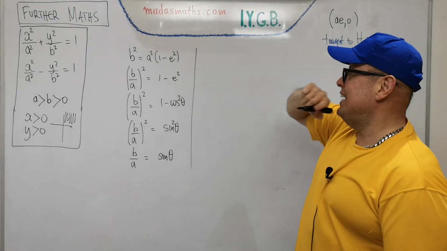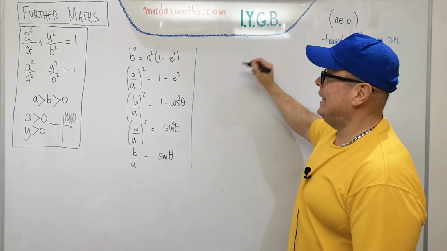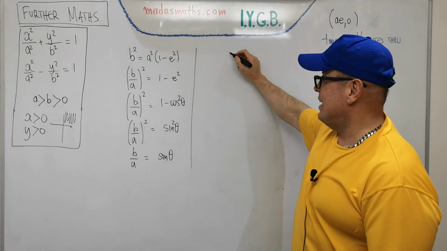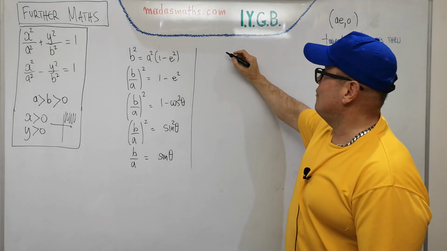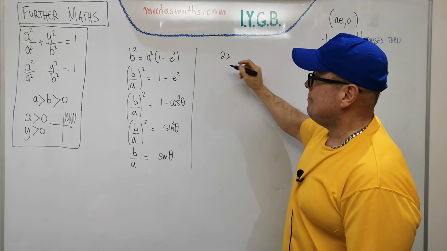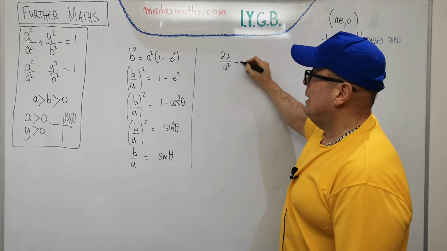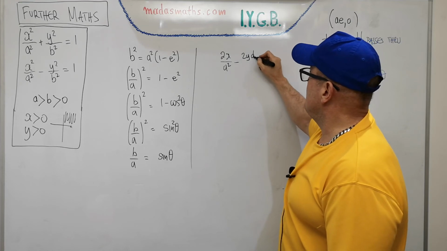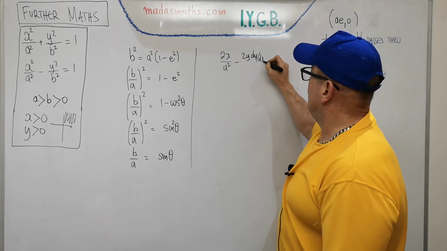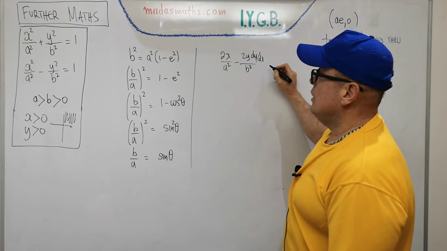I'm differentiating the hyperbola again because I need the gradient at that particular point. So it's going to be 2x over a squared minus 2y dy by dx over b squared is equal to 0.